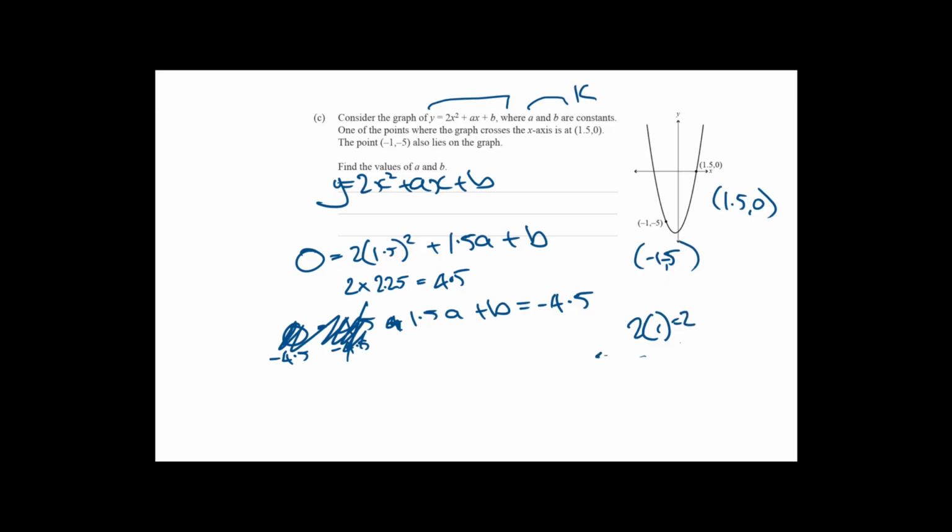So we've got 2 plus, and x is -1, times a. So let's rub all of that out. 2 minus 1a plus b, and we know that that equals -5. Let's bring this.